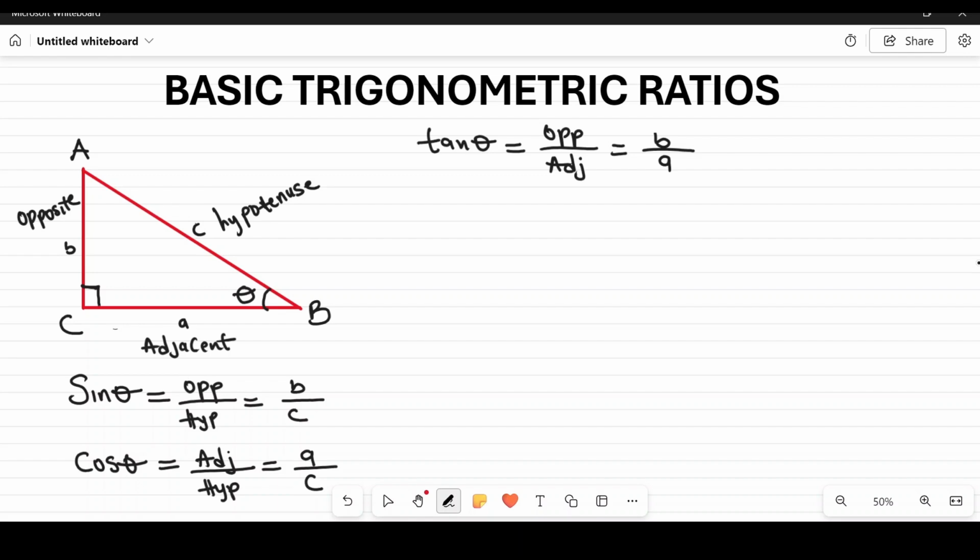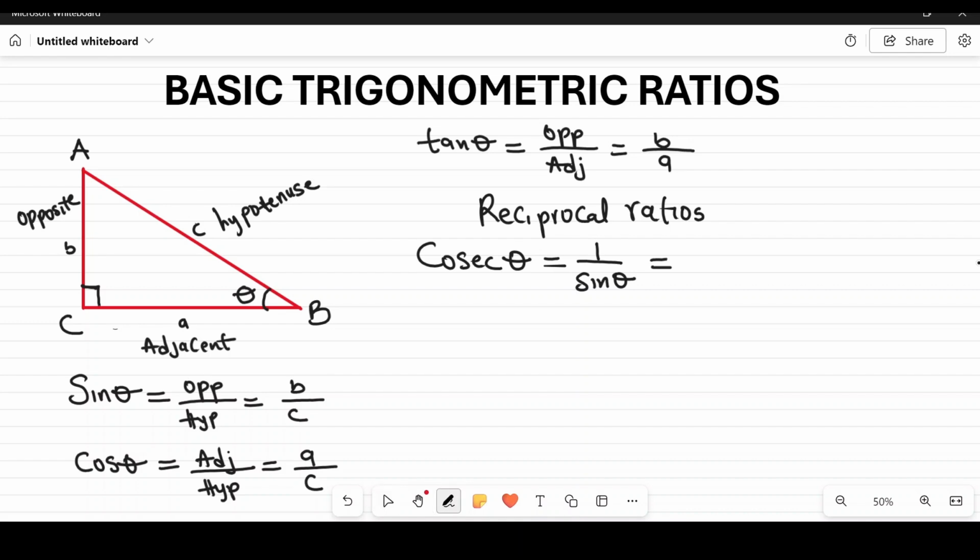But also we have our reciprocal ratios. One of these ratios is known as cosec theta, and cosec theta is defined as the reciprocal of sine theta. We know from our ratios that sine is opposite divided by the hypotenuse.